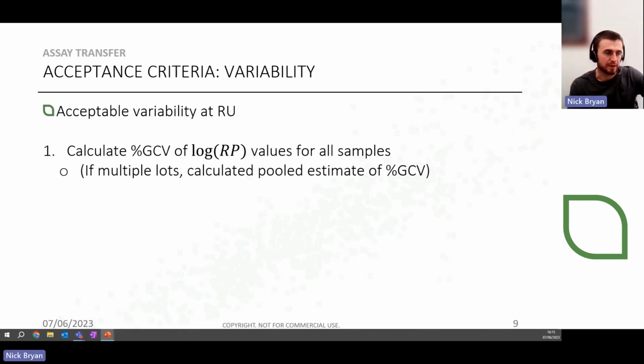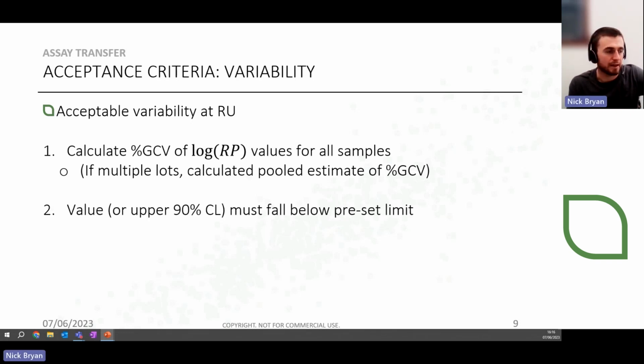We can also use a variance components approach to look at the variability, or if we have multiple lots of the same batch, we can do a pooled estimate of our percent GCV. And then, as before, we would set some predefined limit for this variability.